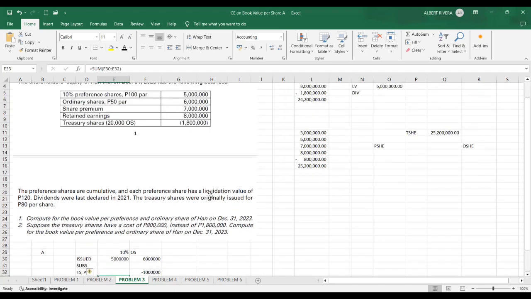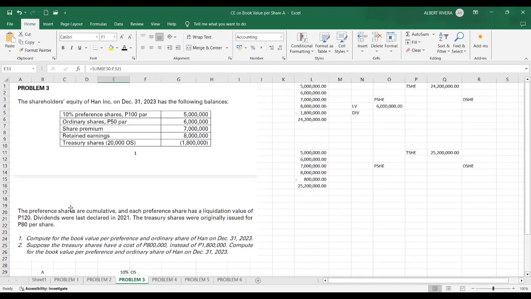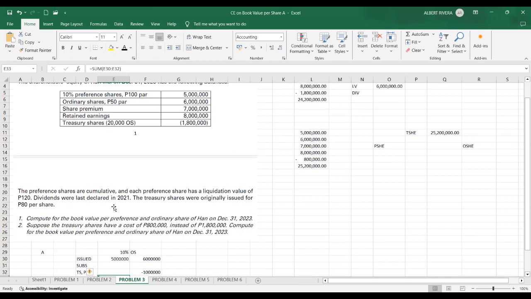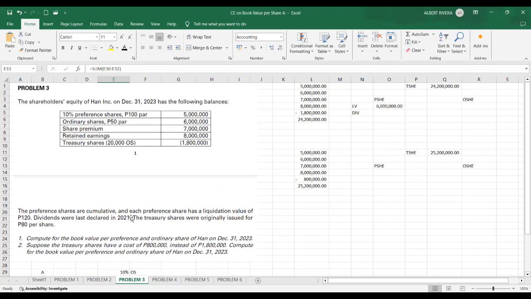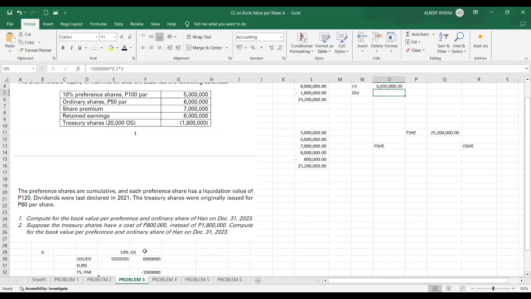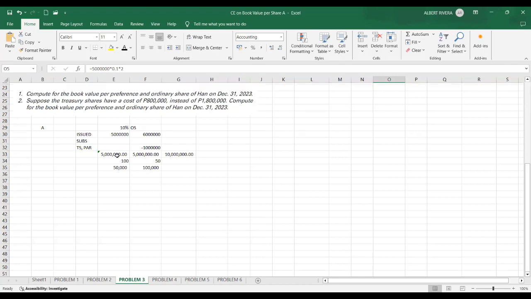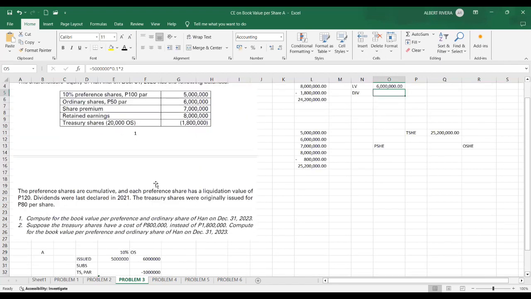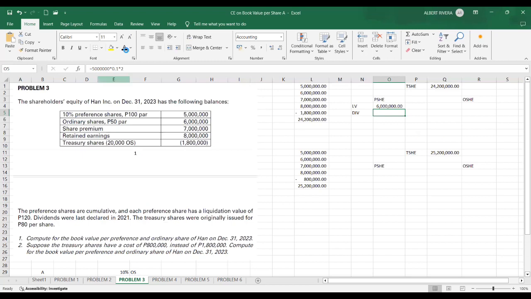So 5 million times 10% times the number of years in arrears. The last dividend was declared in 2021, so wala yung 2022 tsaka 2023. So that would only be 2 years. Okay? So this is 5 million times 10% times 2 years. So this is 1 million pesos.